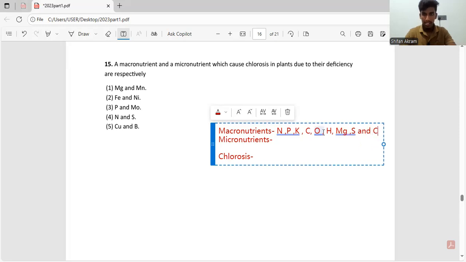So the micronutrients that are present inside the cell are chlorine, iron, manganese, boron. So let me write down chlorine, iron, boron. Then we have zinc, copper, nickel, molybdenum.